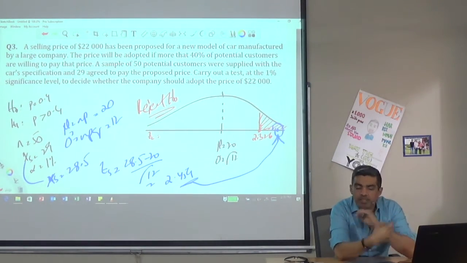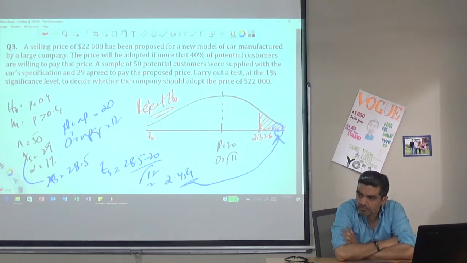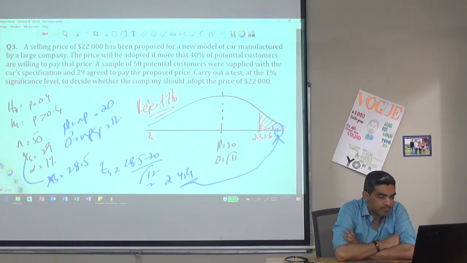We have enough evidence to reject the null hypothesis and conclude that if the price is adopted, more than 40% of potential customers are willing to buy. We are rejecting H0, accepting H1. Are we good?